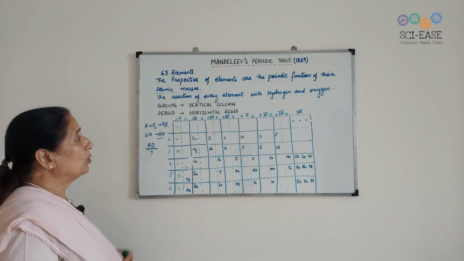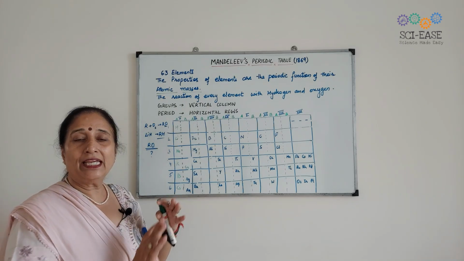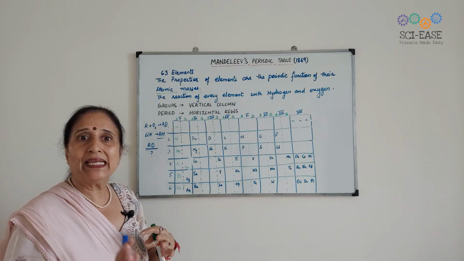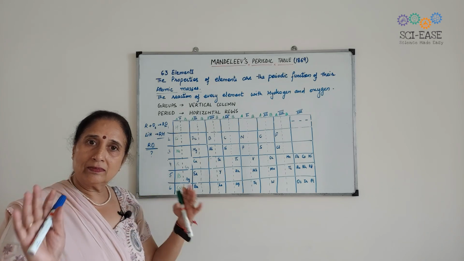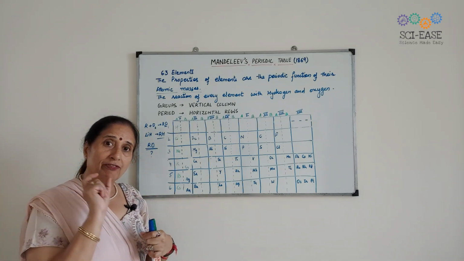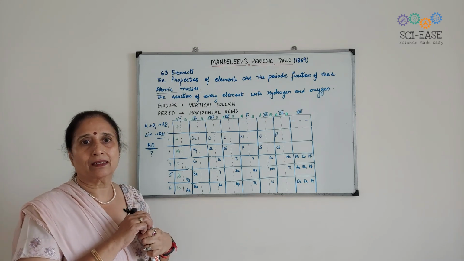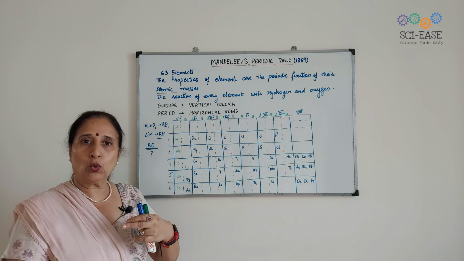Now, this is the periodic table. He arranged 63 elements in groups and periods. He took one word from Sanskrit: after boron, that will be eka boron.